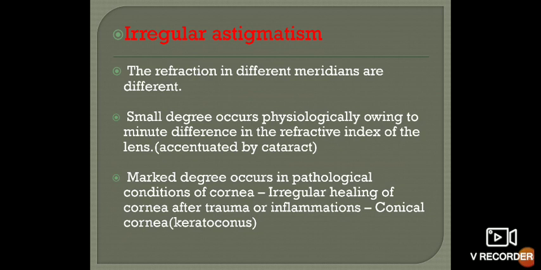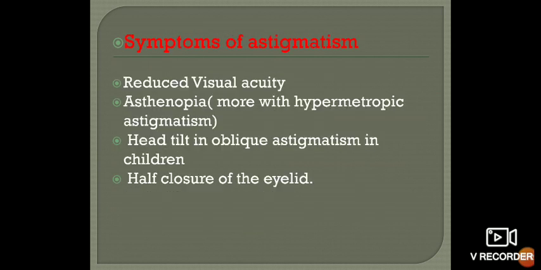Remember, a marked degree occurs in pathological conditions of the cornea, such as irregular healing of the cornea after trauma or inflammation, or conical cornea. So the causes of irregular astigmatism are conical cornea like keratoconus, or irregular healing after trauma or inflammation. Symptoms of astigmatism.